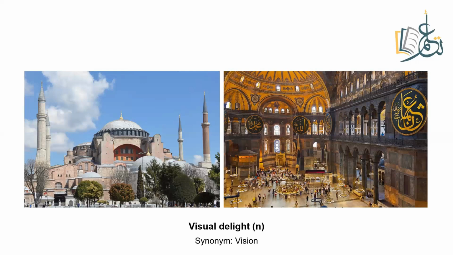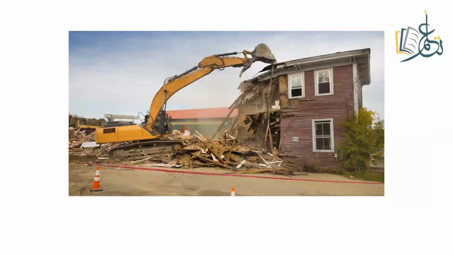Let's move to the next one. Okay, we have here a car that is destroying a building or pulling it down. Okay. Now, when we have that, it is called demolish. Okay, demolish. So, does demolish mean to build something?